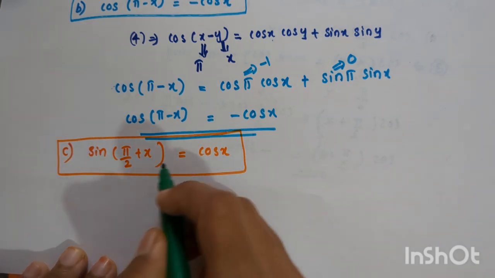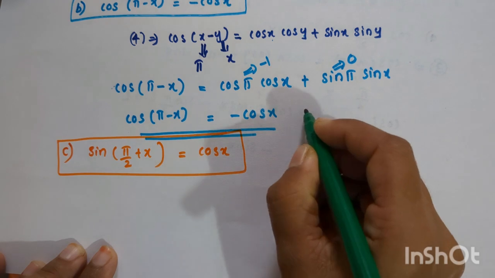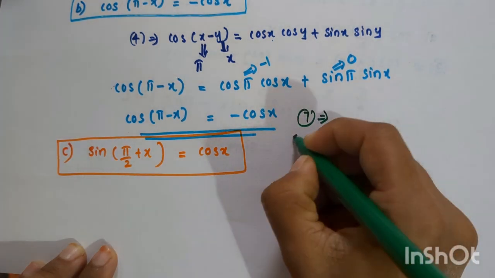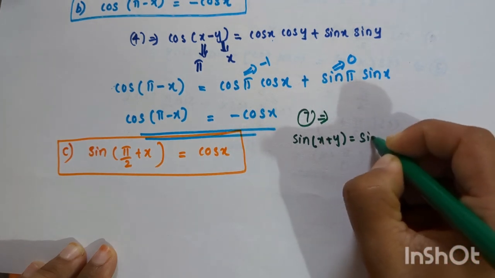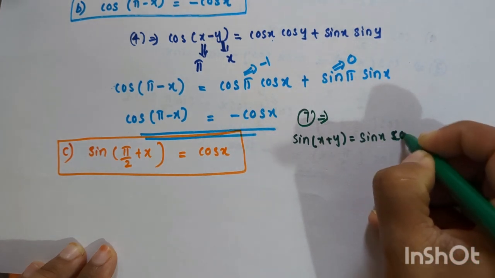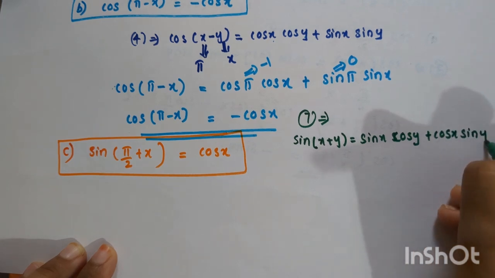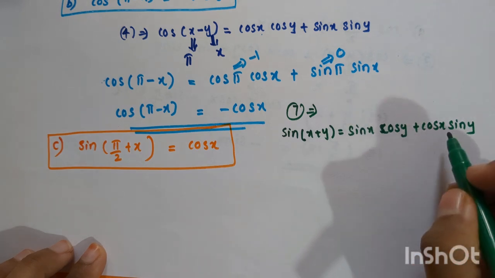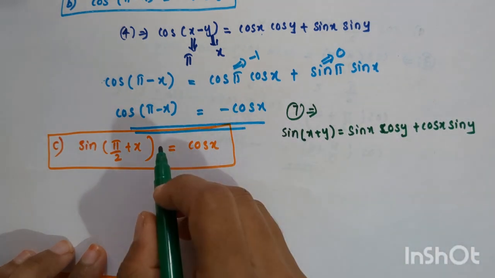So to prove this identity, I am going to consider the seventh identity which we have already discussed in our previous video, which was sin of x plus y equals sin x cos y plus cos x sin y. Okay, sin of x plus y is equal to sin x cos y plus cos x sin y. So by using this seventh trigonometric identity, I am going to prove this one.